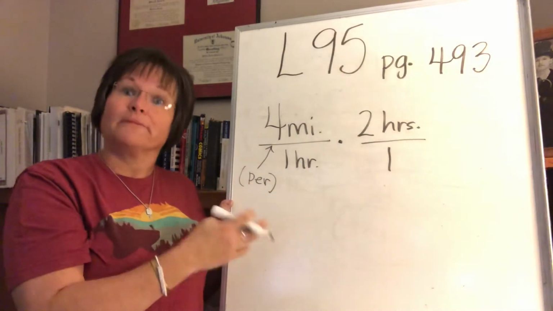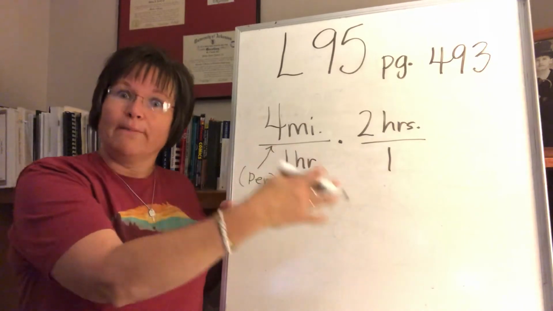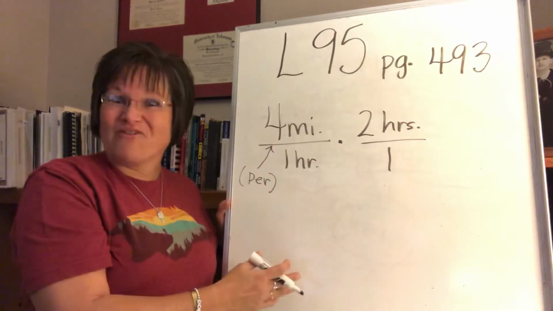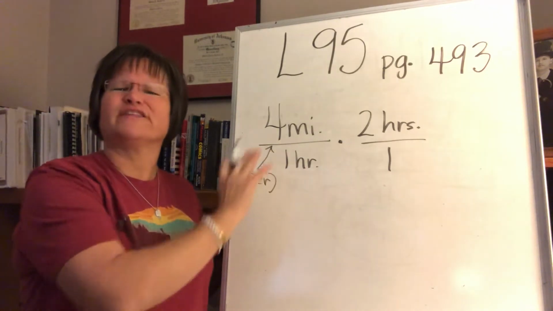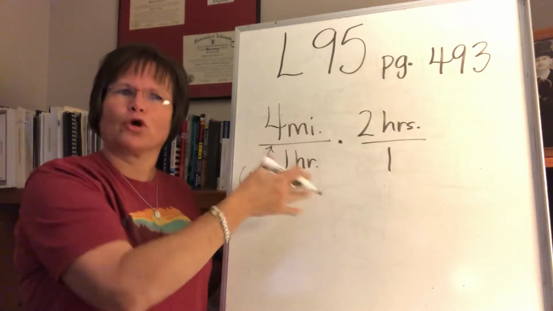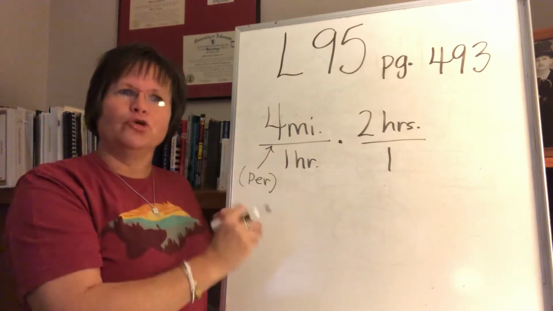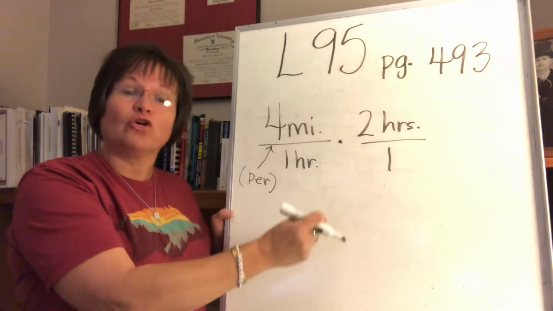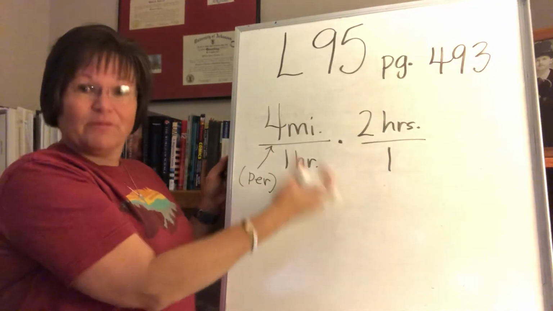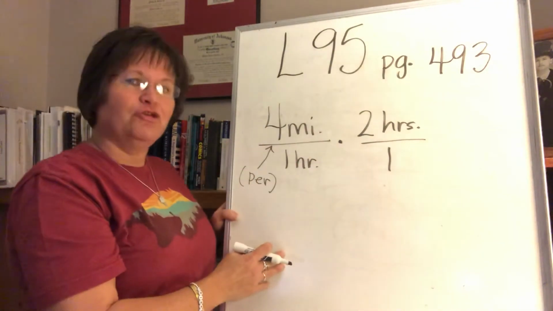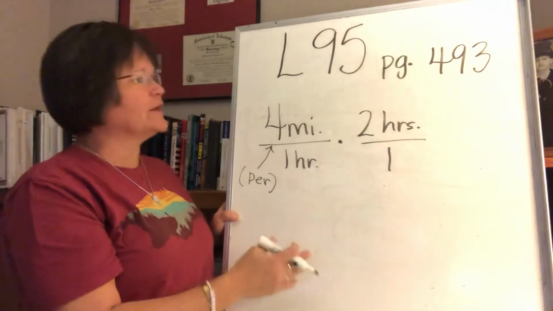This is true, but remember, as you go up in math, it's going to get a lot more difficult. So you need to understand the process of how to set up a problem and how to work with your units so that you will be able to solve more difficult problems when the time comes. The way you would set it up is a multiplication problem, and you can use the cross-canceling of units.